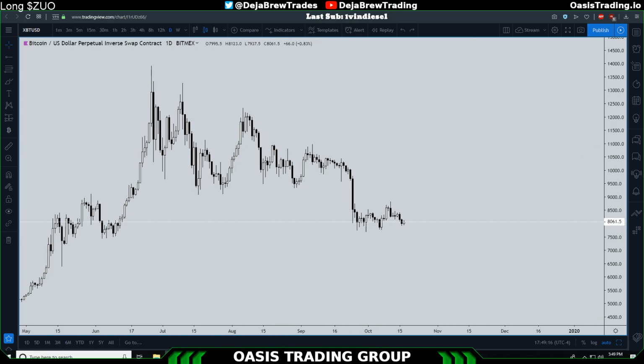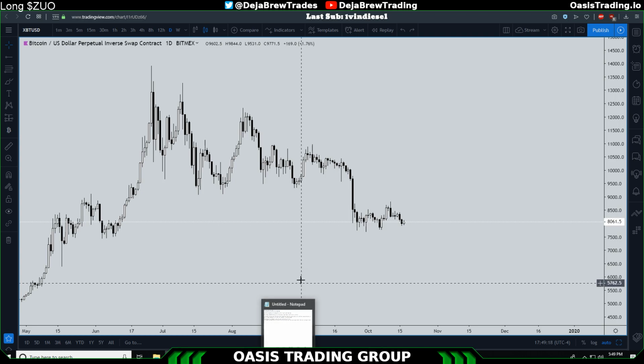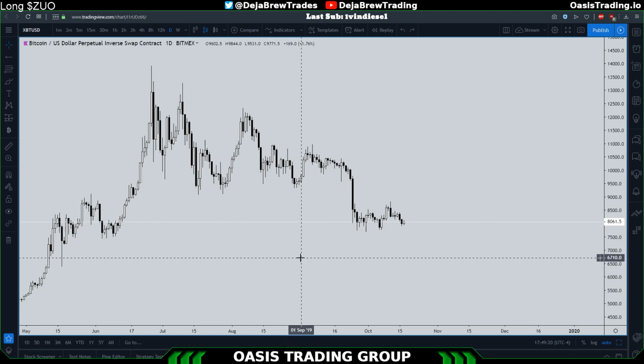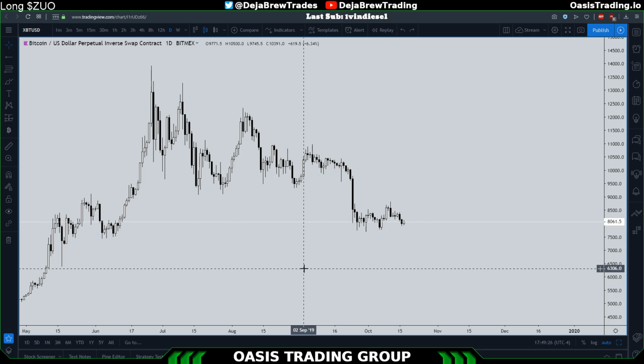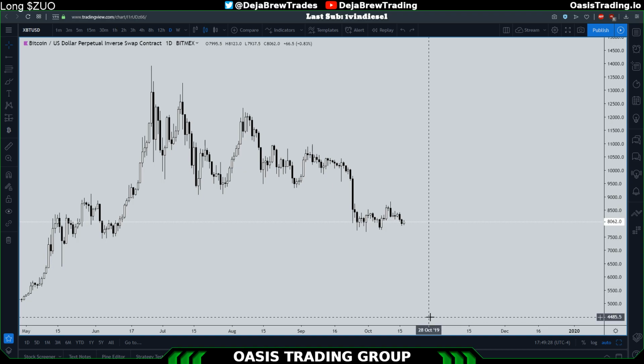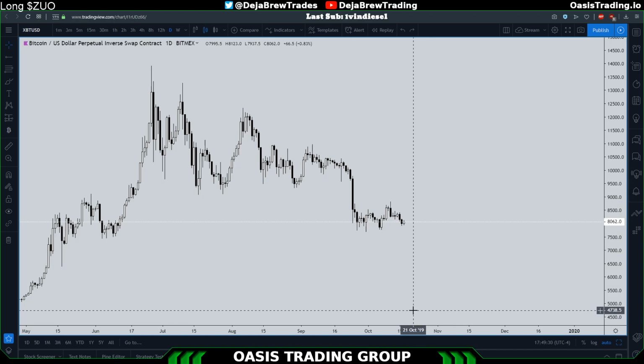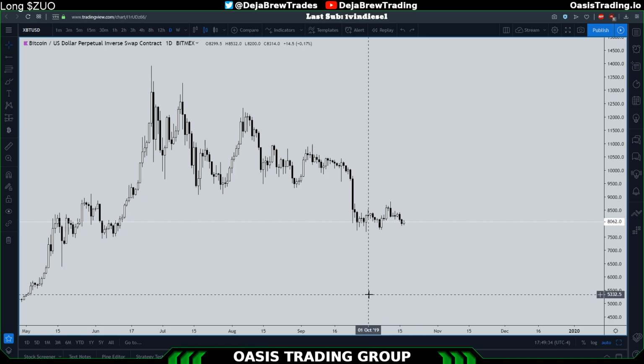So I do not recommend using martingaling unless you are using some kind of high leverage scalping system. I really do not recommend using it. It is a very quick way to build an account, but it's also an extremely quick way to destroy an account.